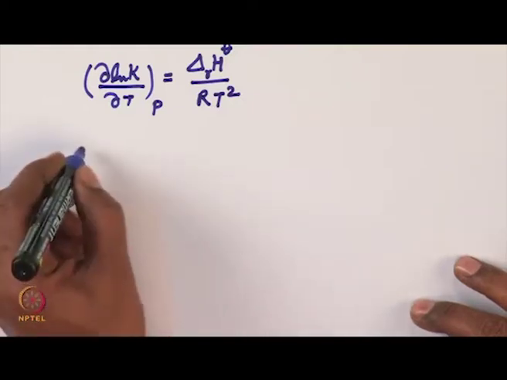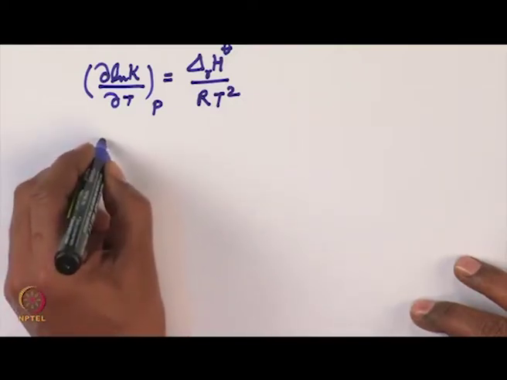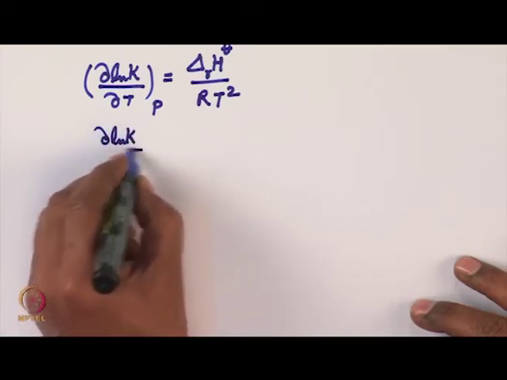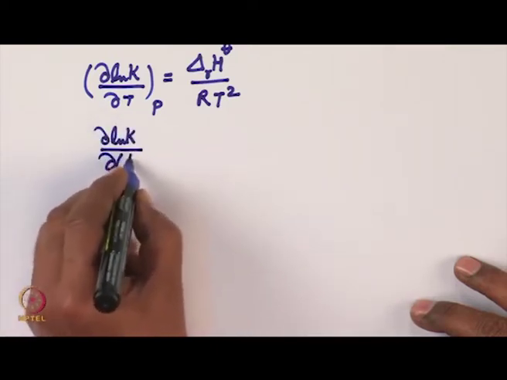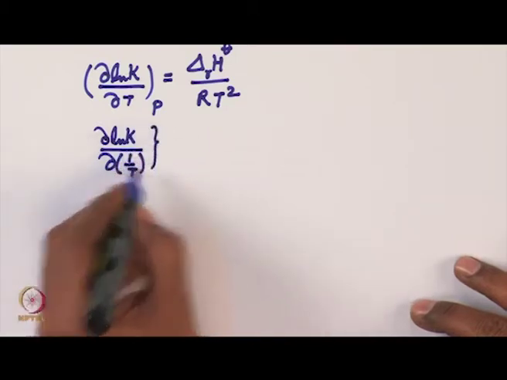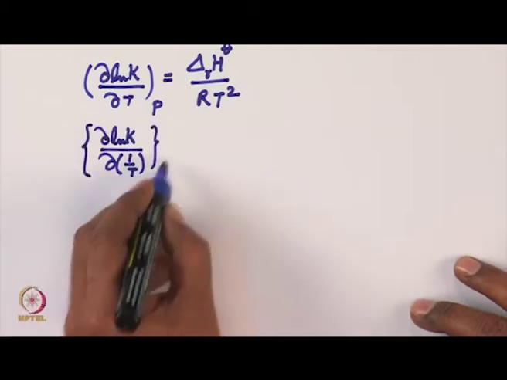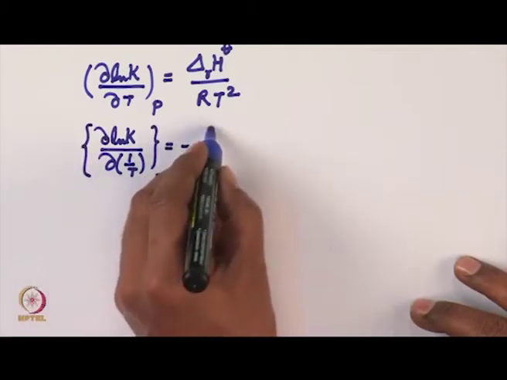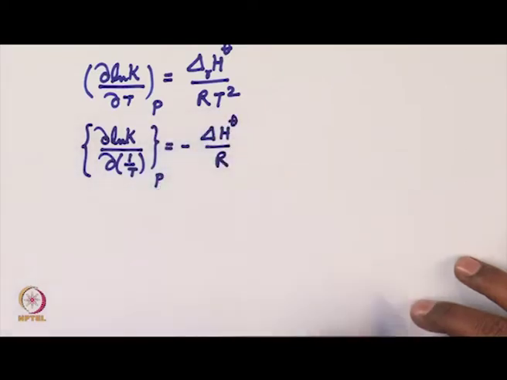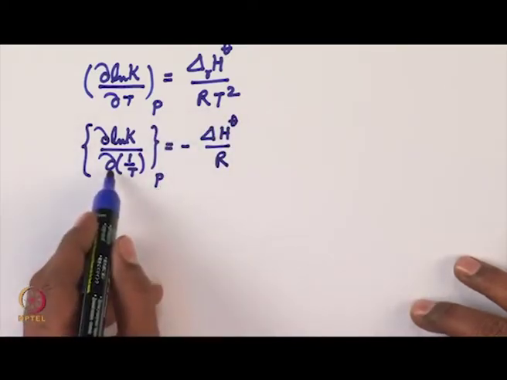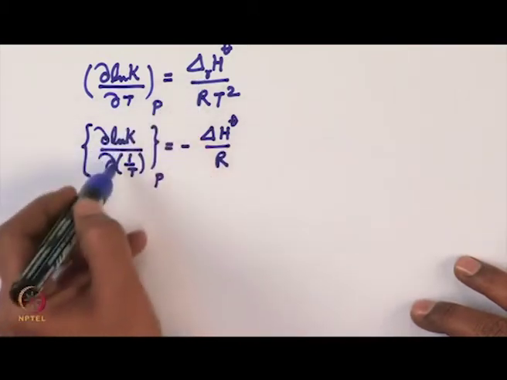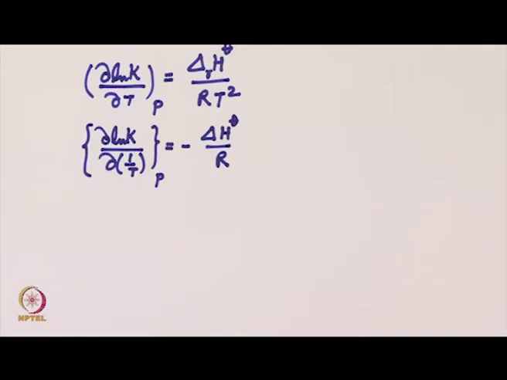Another form of this equation I can write is dou log K by dou 1 by T, let me write 1 by T instead of T, at constant pressure, it will be minus delta H naught by R, because d 1 by T is minus 1 by T square, and eventually that will convert into this form of the equation.